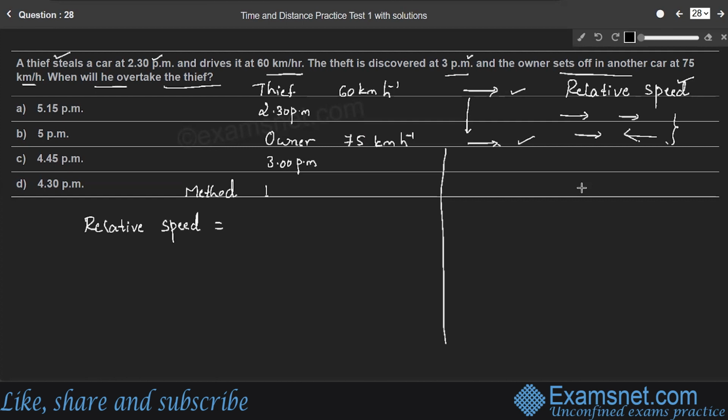For that, the relative speed of the owner with respect to the thief is nothing but, according to the concept, the distance covered by them, because both of them have covered the same distance, divided by the time taken by the owner.